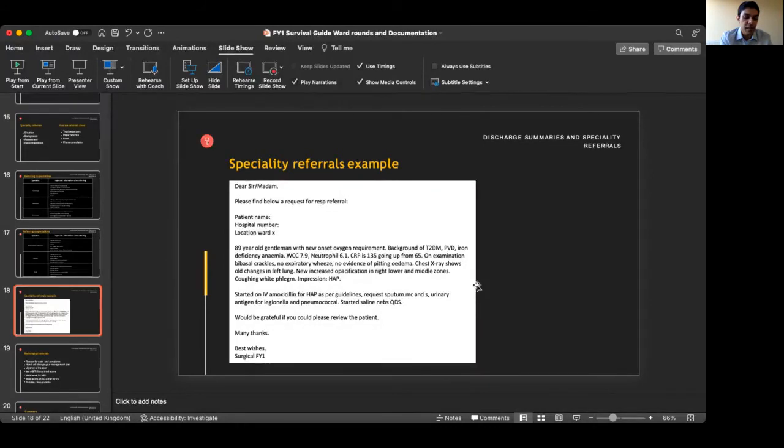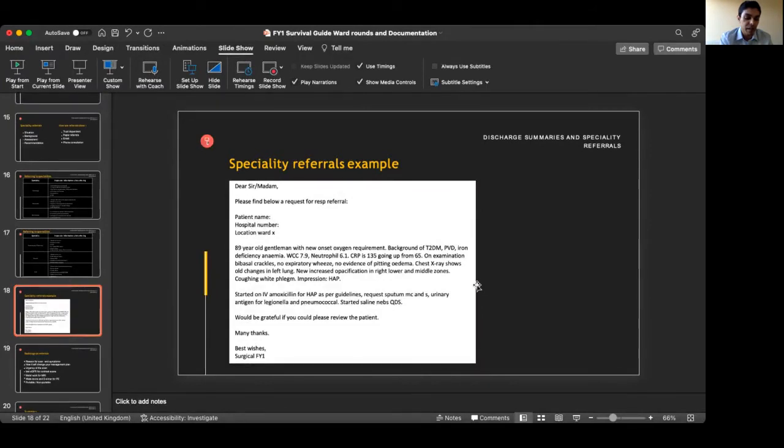Urine MC&S taken on admission showed a growth of Proteus mirabilis, sensitive to gentamicin and amoxicillin, but resistant to trimethoprim and nitrofurantoin. The reason I'm calling you today is because I just wanted your advice on any antibiotics I could start this patient on for their UTI.